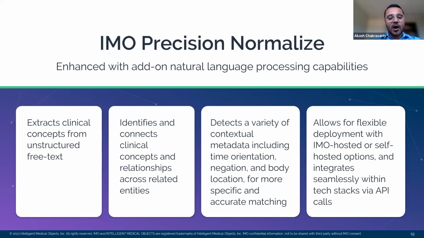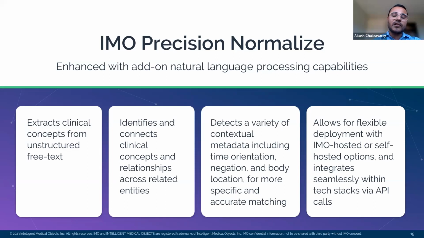At a high level, the product extracts comprehensive clinical information from unstructured data. It identifies relationships across the related entities. It detects a variety of contextual metadata, including temporal objects, negation, and body location, and we'll dive into that in detail in a little bit.